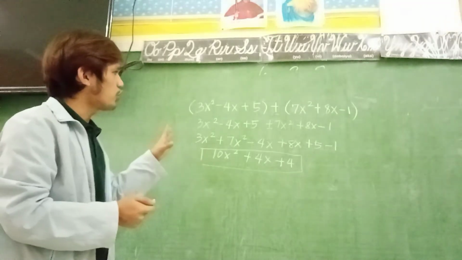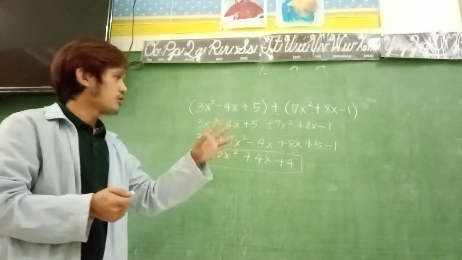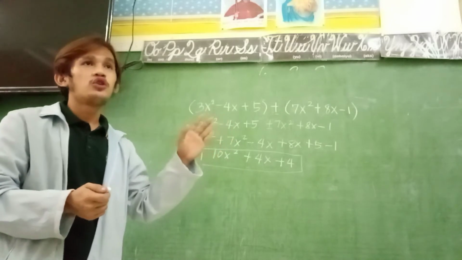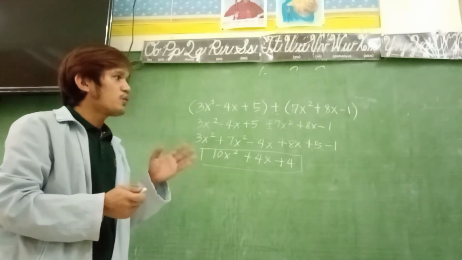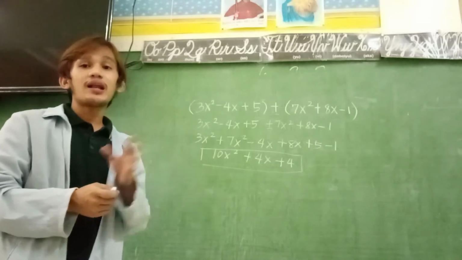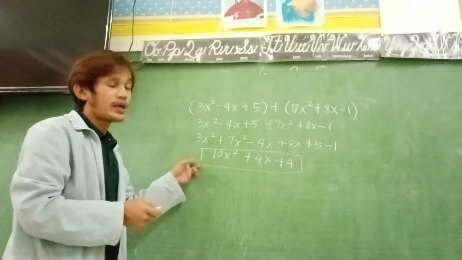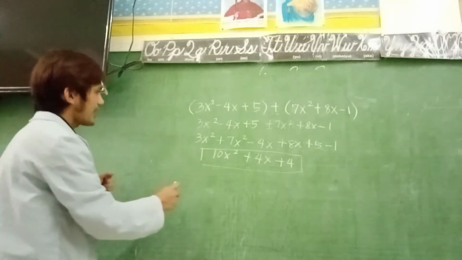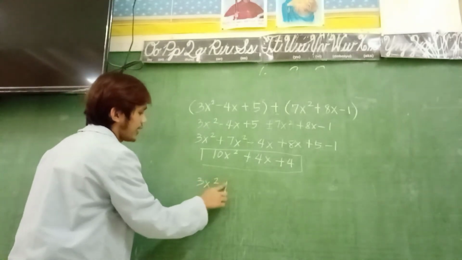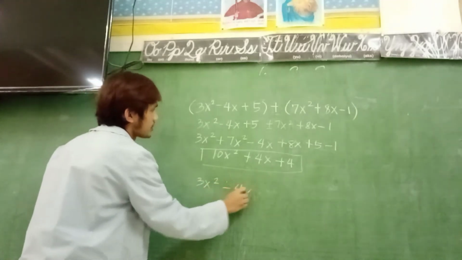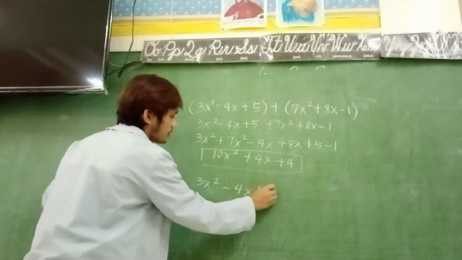So this is how you are going to add polynomials using the horizontal method. So let us see if we use the vertical method, if we are going to come up with the same answer. So let us have 3x squared plus minus 4x plus 5. Yan.